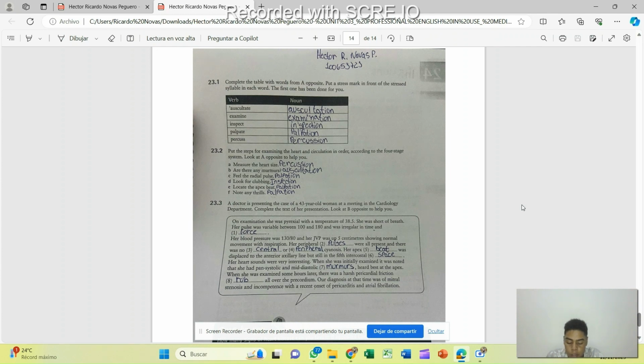Her heart sounds were very interesting. When she was initially examined, it was noted that she had a pansystolic and mid-diastolic murmur, heard best at the apex.